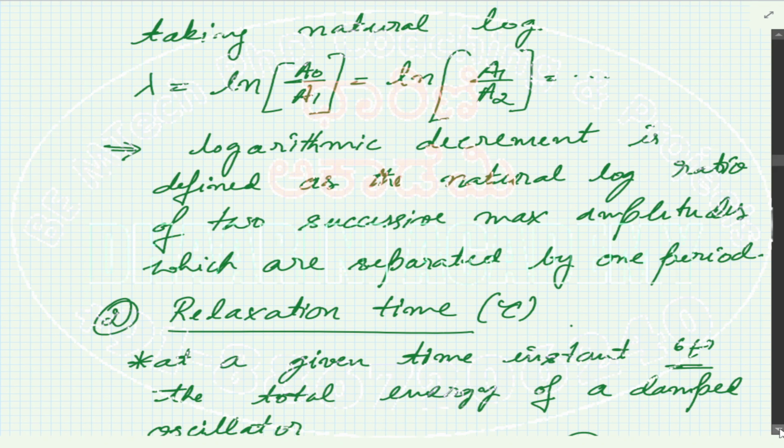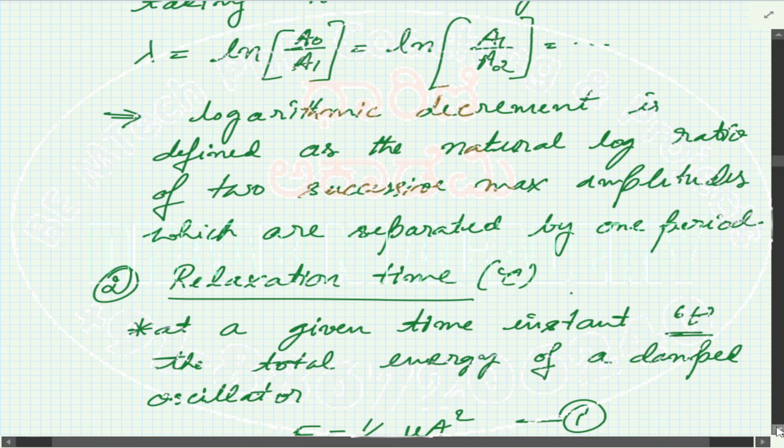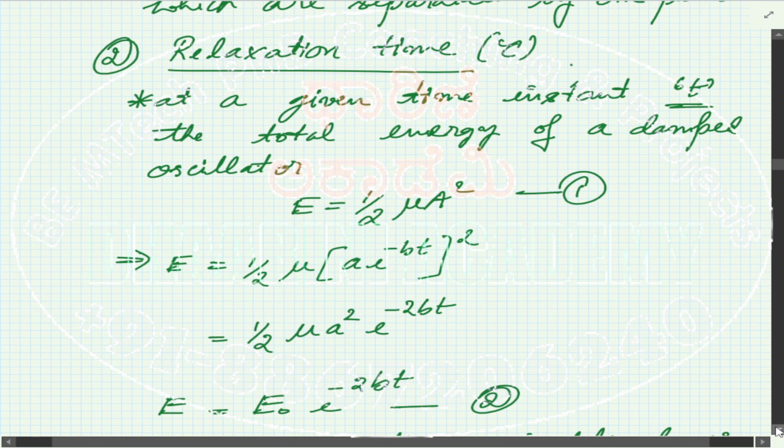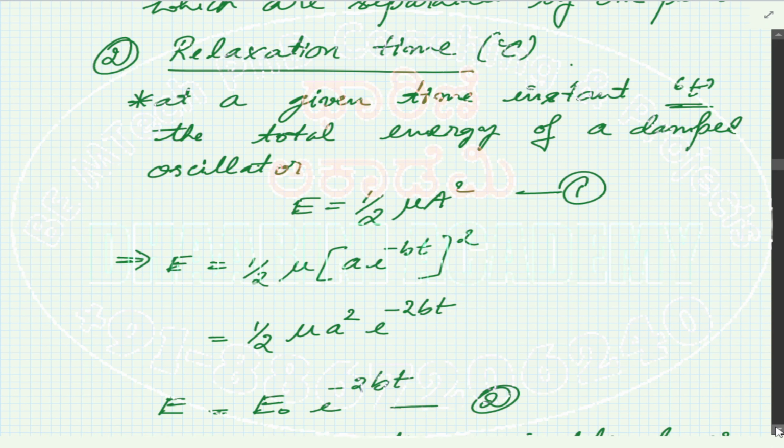Next one is relaxation time. The relaxation time is defined as the time instant, right? We know that the total energy of a damped oscillator decays. So how much time it takes is the relaxation time.